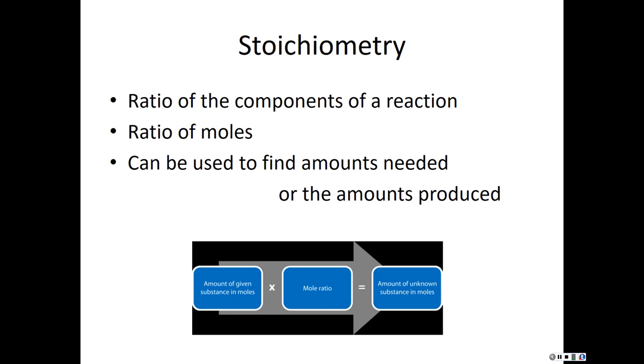So the bottom has to be matching with that, and then this has to be what we're looking for. Okay. So now 5 times 4 is 20 divided by 2 is going to give me 10 moles of iron.